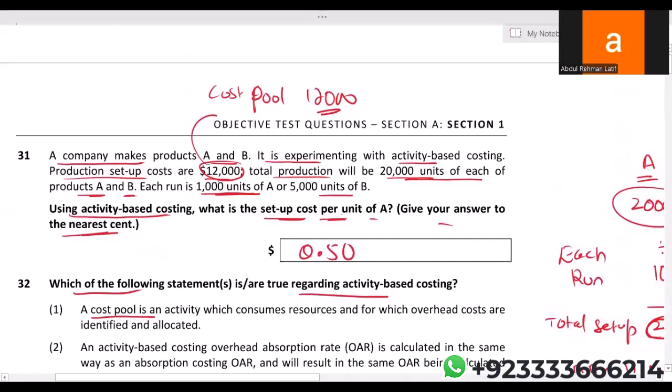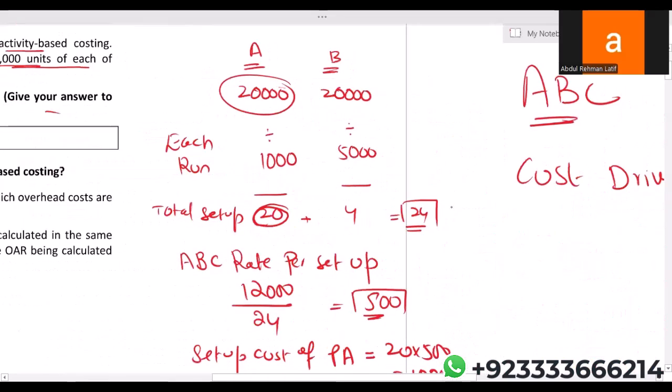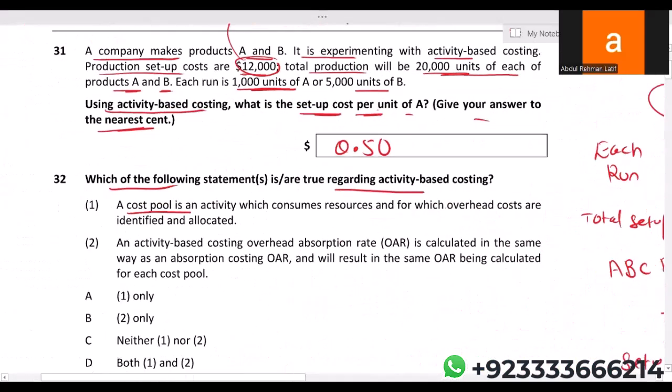But this $12,000 does not represent one time setup cost. It actually shows the cost of total 24 setups. And obviously, every time we bear the setup cost, the resources will be consumed. So how many times will the resources be consumed in the question which we just did? 24 times.